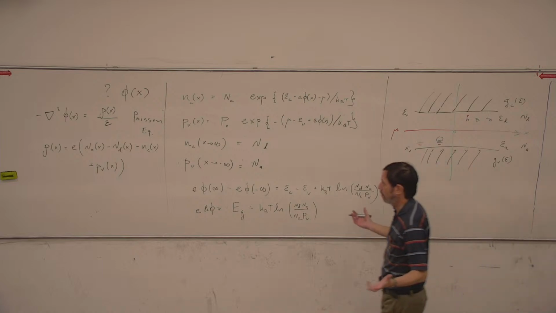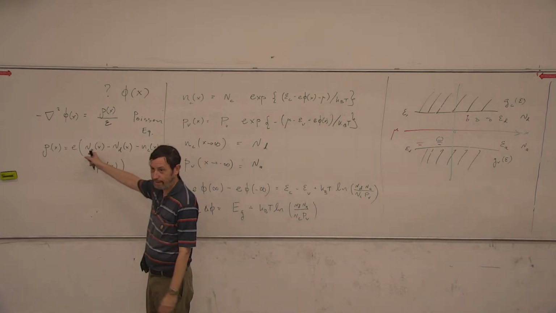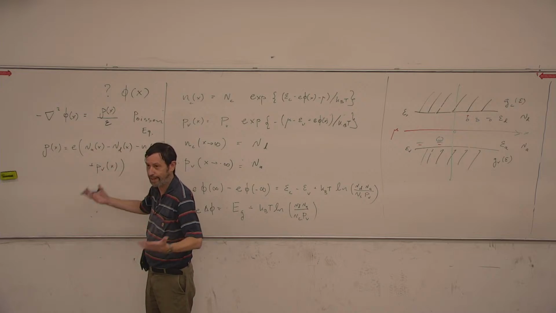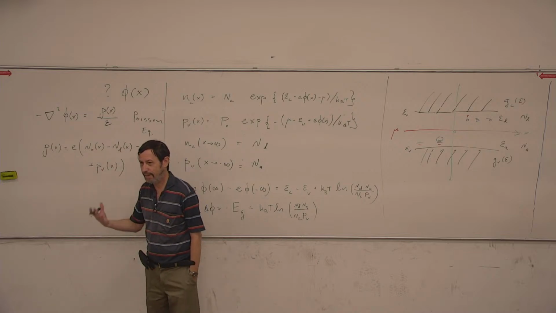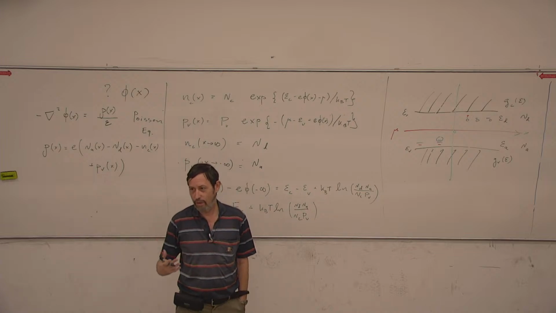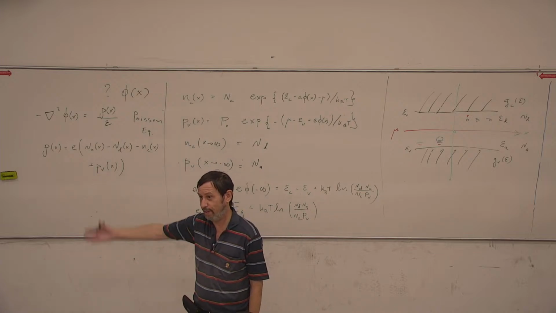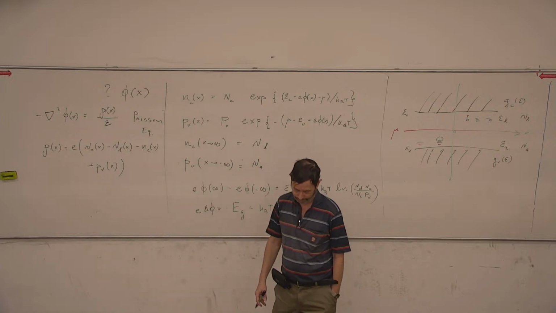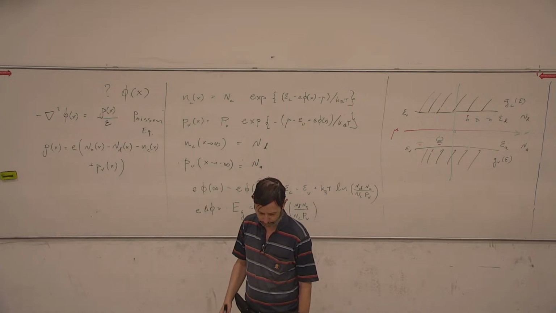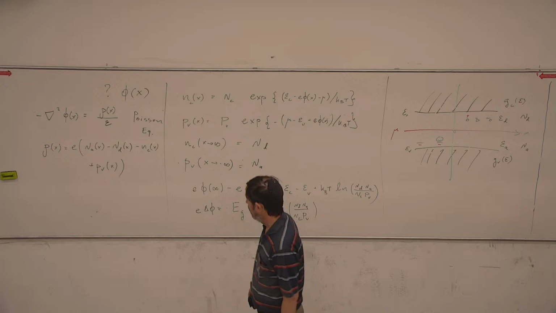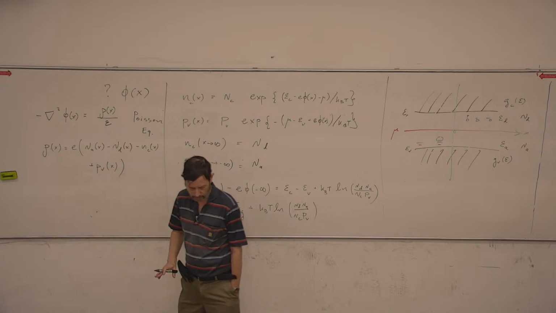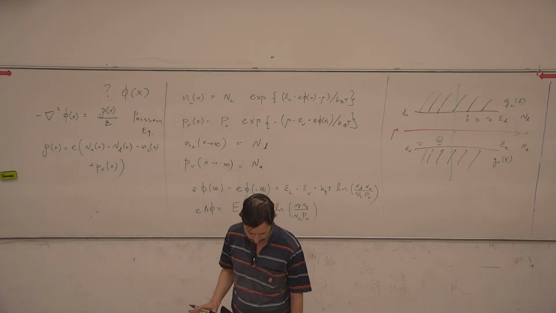Okay, I didn't write down what it is, but it's the number of electrons at each position, which can be either in the valence or the acceptor or the donor or the conduction band. It looks daunting, but it's actually not so problematic.